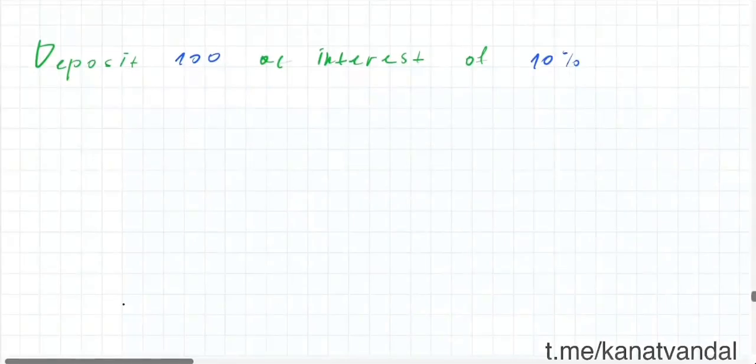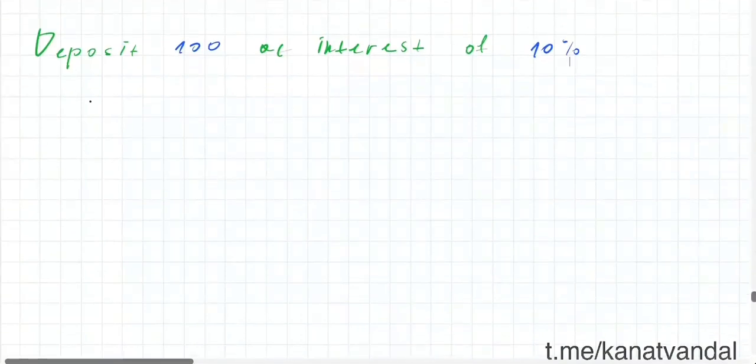Next, I want to say that percents are pretty much related to exponential functions, to exponential change, okay? Suppose that you want to deposit 100 of something, or let's suppose dollars, at interest of 10%. It means that in 1 year you get 100 increased by 10%, right? So you multiply it by 1 plus 10 over 100.